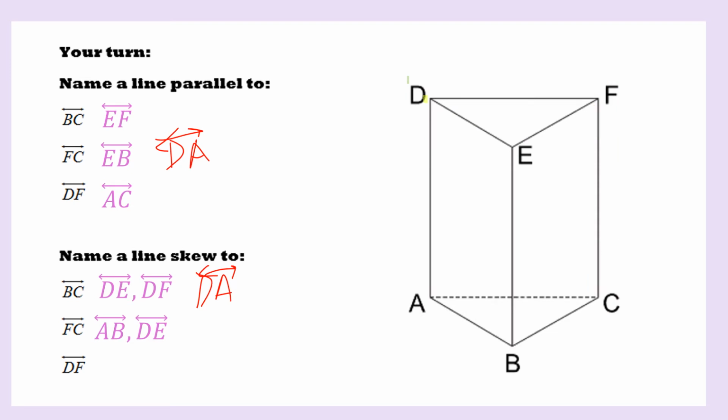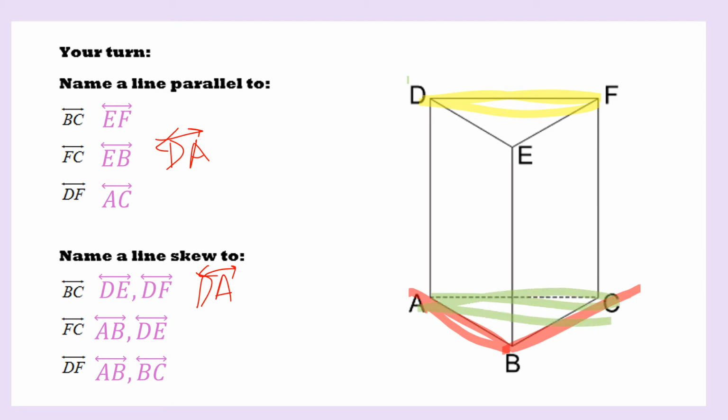So DF is here. Skew lines for DF would be AB and BC. You cannot do AC because that one would be parallel. You could, if you wanted to, do EB, that would work. That's not parallel.